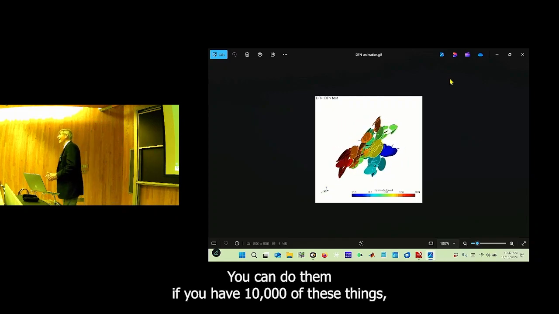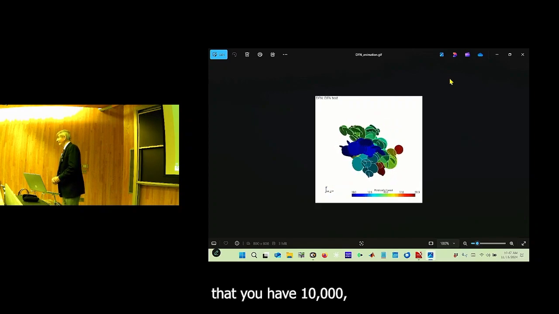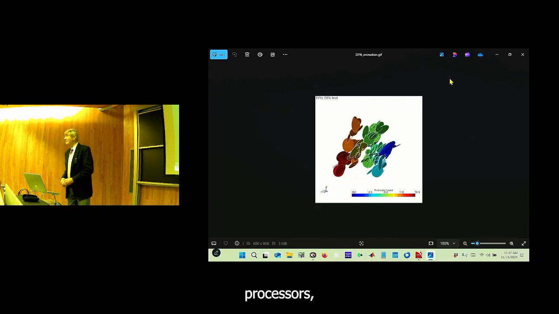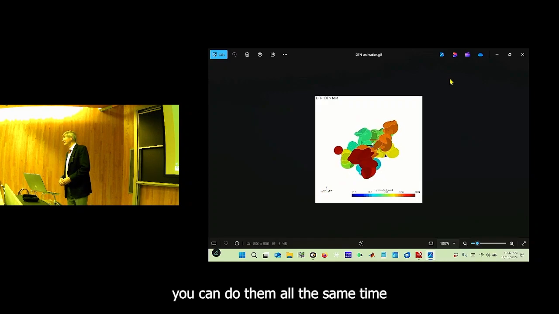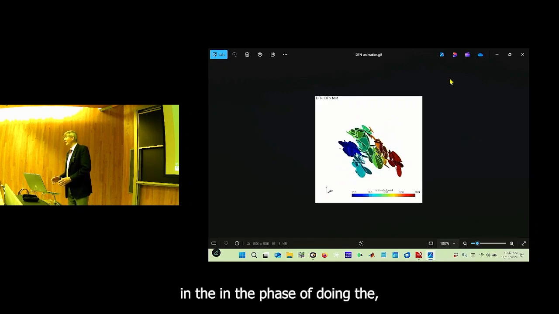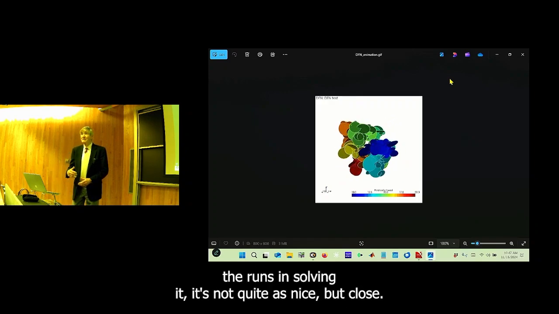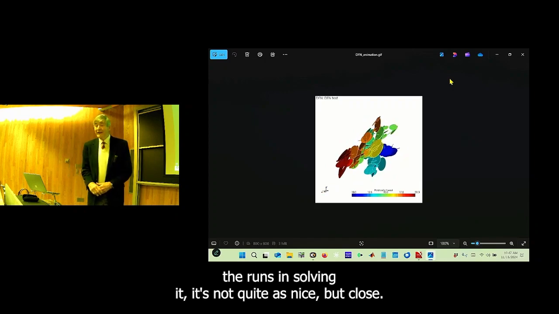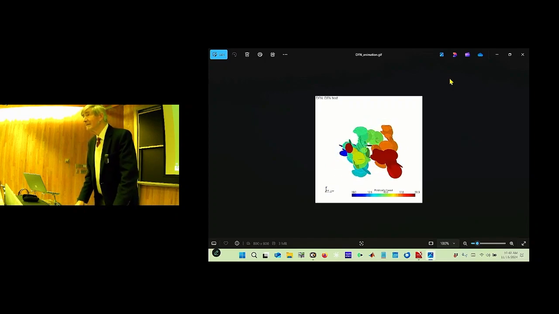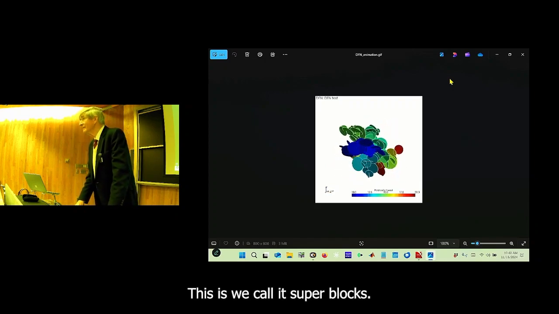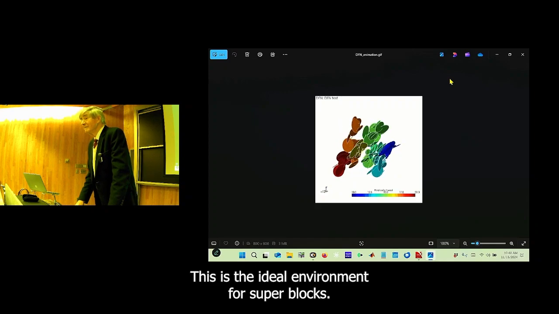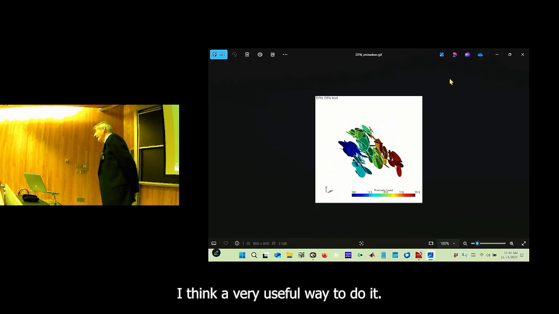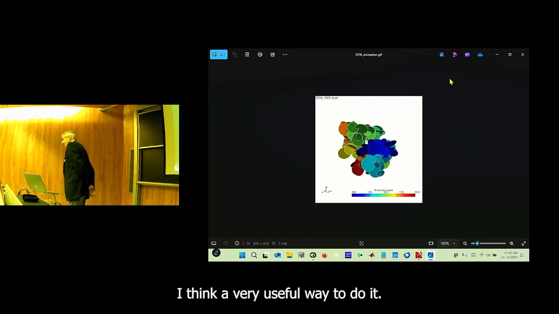If you have 10,000 of these things and you have 10,000 processors, you can do them all at the same time in the phase of doing the runs. In solving it, it's not quite as nice, but close. We call it superblocks. This is the ideal environment for superblocks. So I think this is a very useful way to do it.